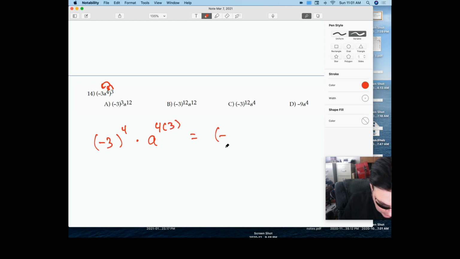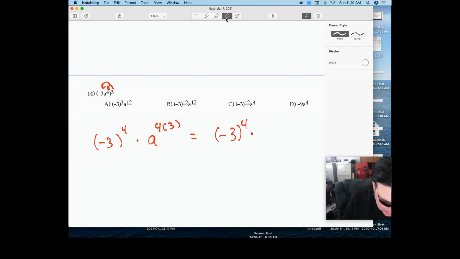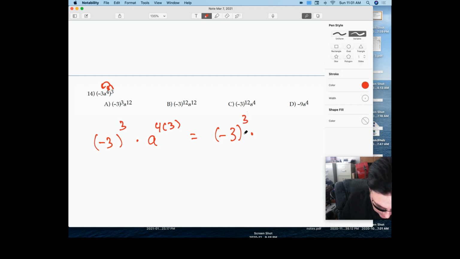I apologize, the exponent is 3, so it's a to the 12th. 4 times 3 is 12. Okay, so that seems to match up with that.